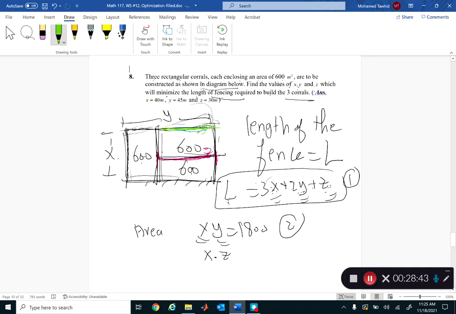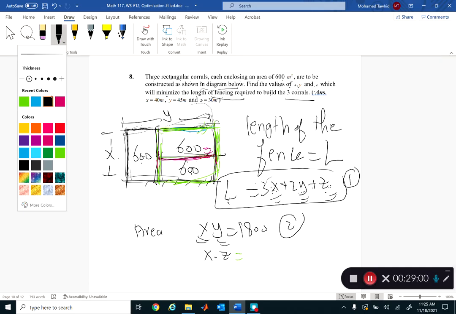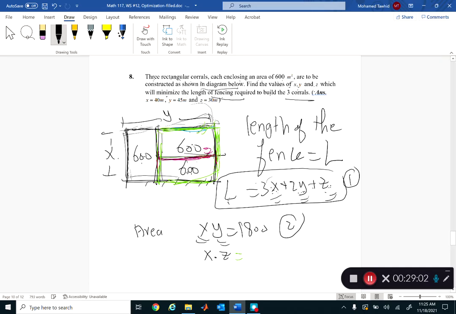Look at this area here, the green one. What is your z? This part here, the red one, z. And the length is x. So x multiplied by z gives you what? What is the total area here, guys? It is 600 plus 600, so you get 1200. That is equation number 3.